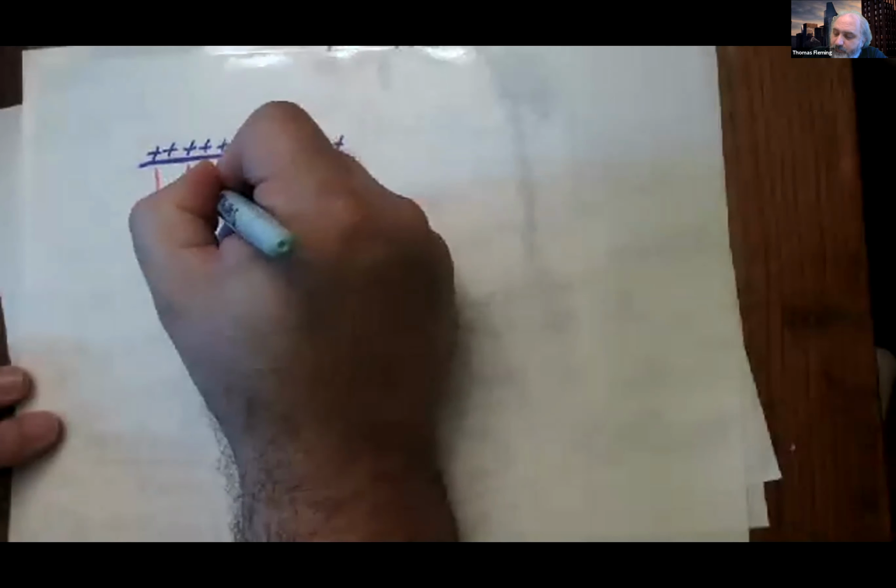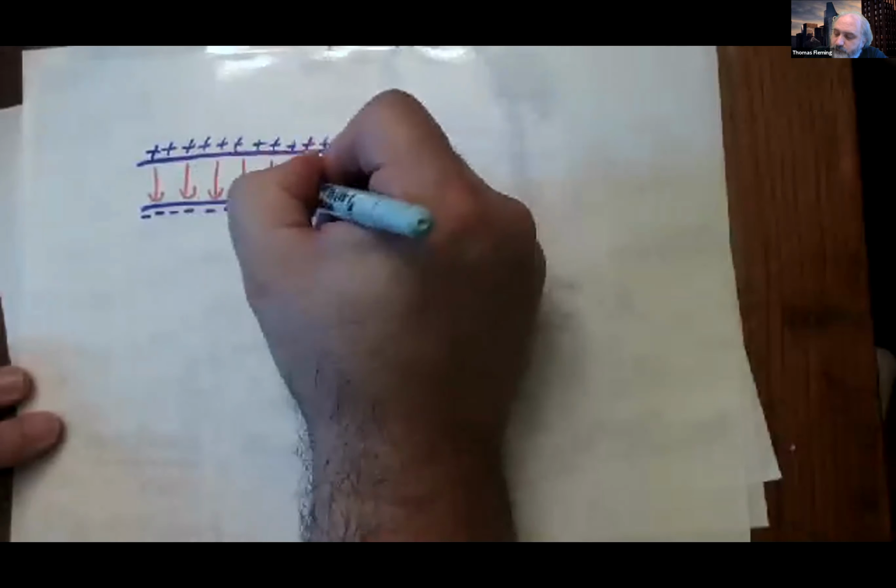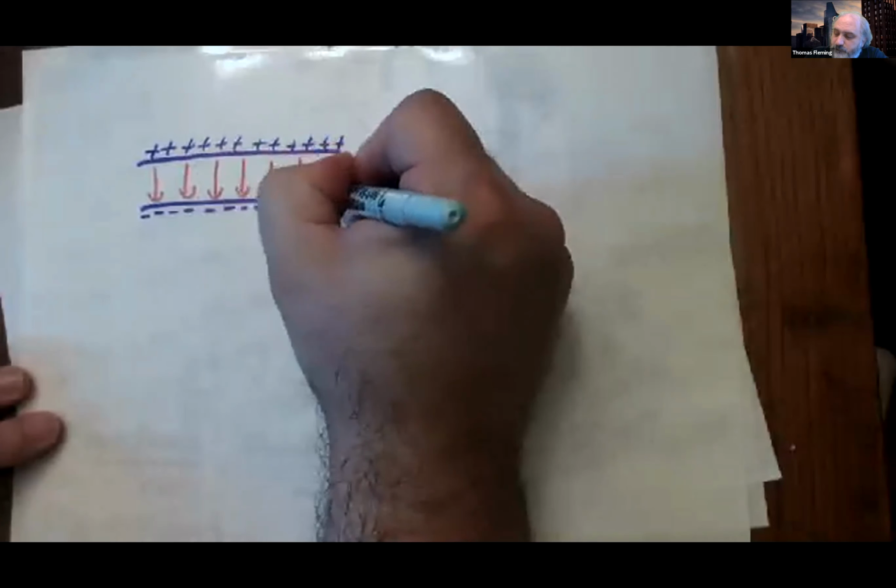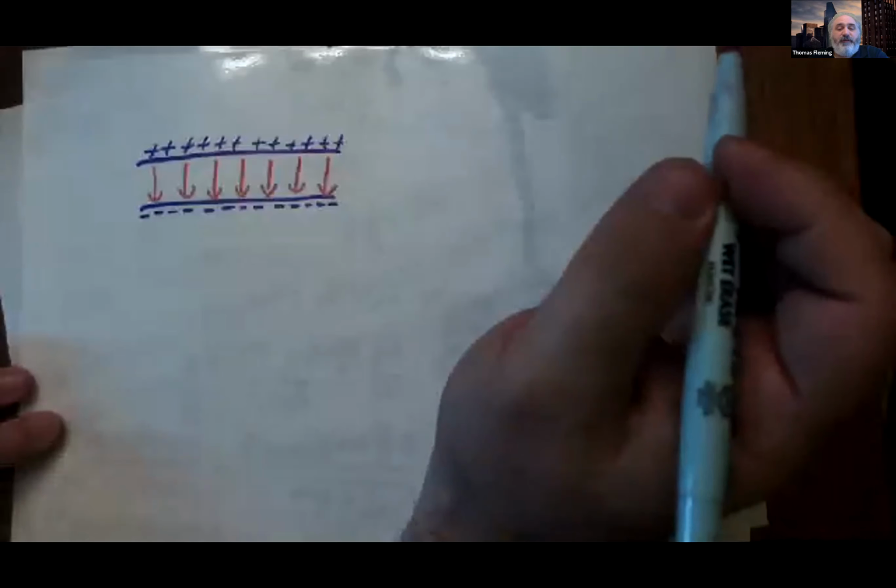Let's swap colors. So the electric field lines went from positive to negative. So in the gap, they looked like this.